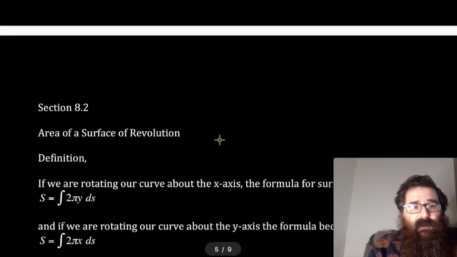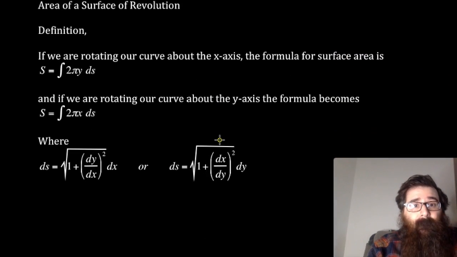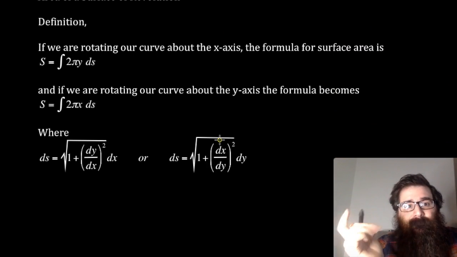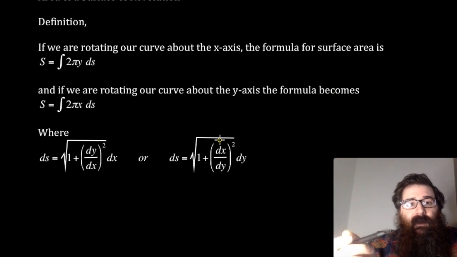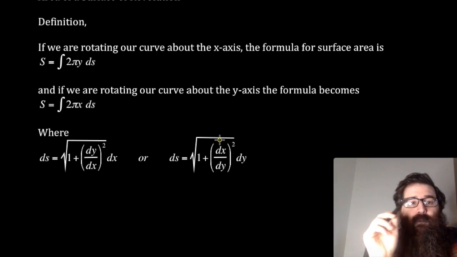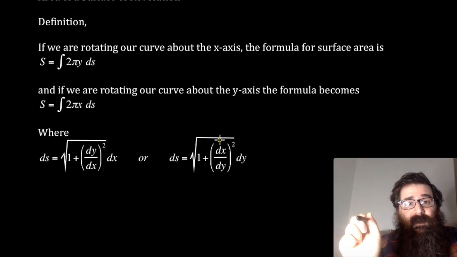Let's take a look at area of surface of revolution. Now, a couple important ideas to keep in mind, and this is where I always like to start, are these generic forms. If we're rotating our curve about the x-axis, the formula we want to use is the integral of 2 pi y ds. So if we're rotating about the x-axis, it's 2 pi y ds.